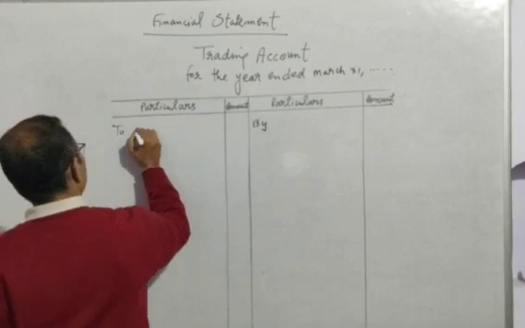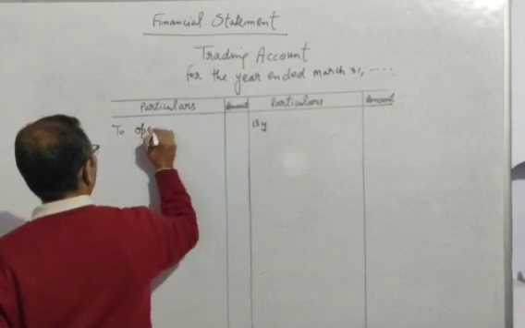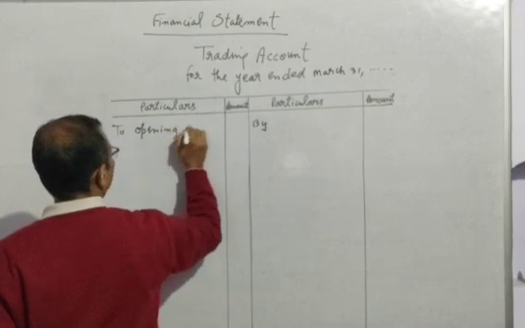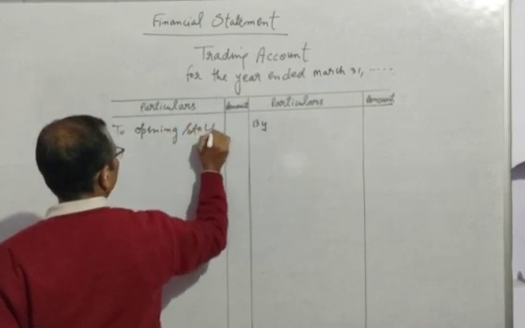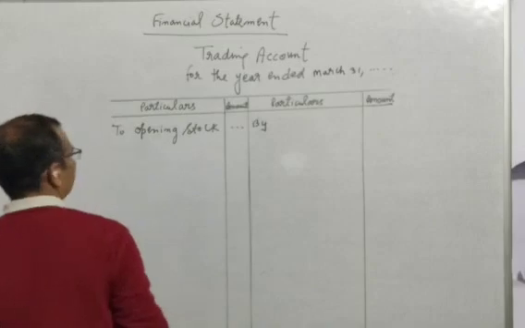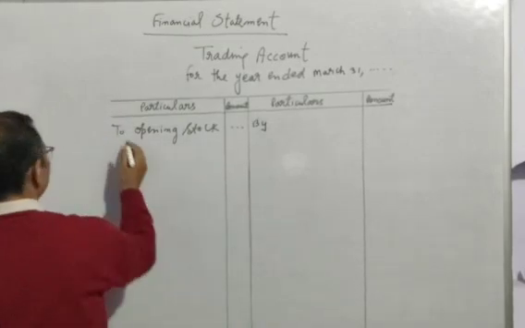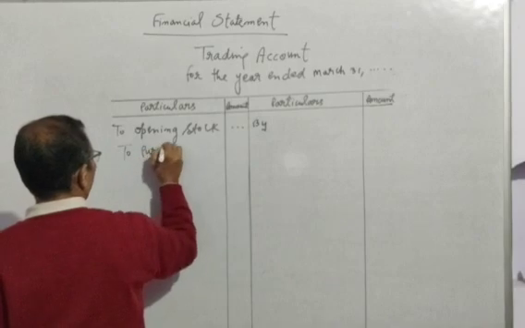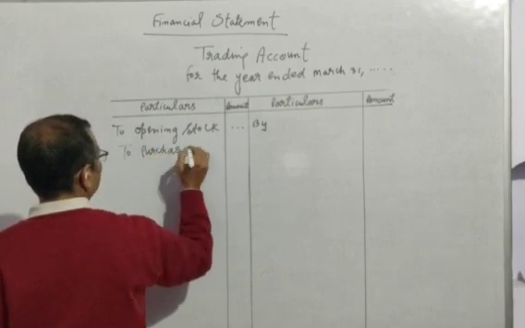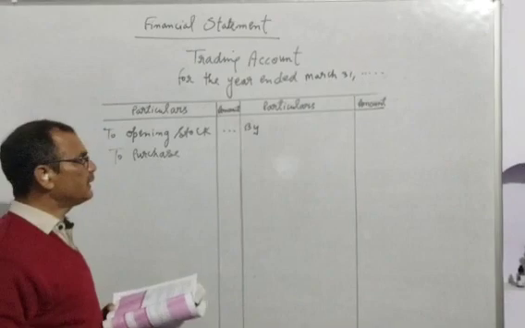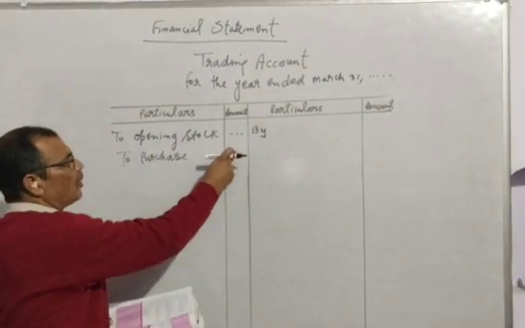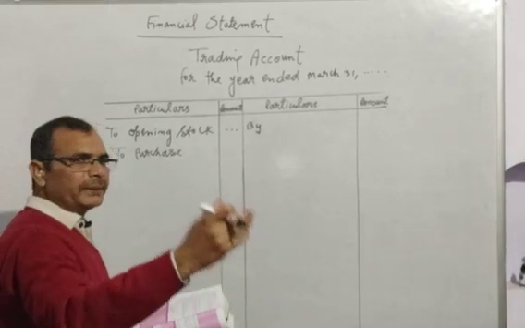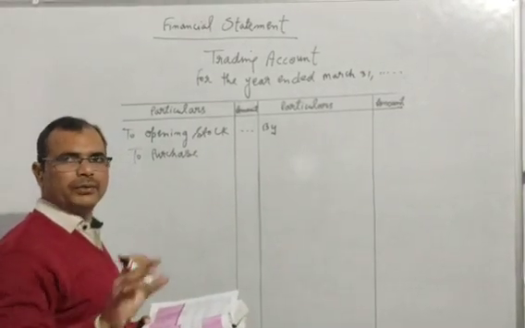First of all, we will write opening stock, which is given in your question, and the amount will come here. After that, we will enter To purchase. If the amount of purchase is given, you will write it in the amount column, and then you will see if purchase return is also given in your question.